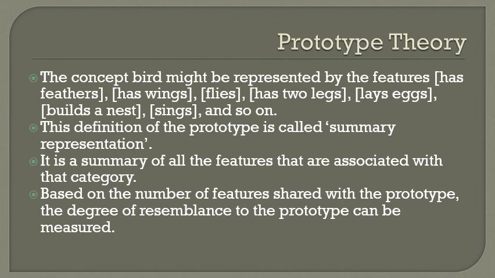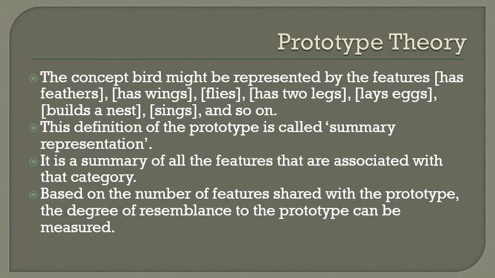Based on the number of features shared with the prototype, the degree of resemblance to the prototype can be measured. So whenever we come across a new bird, we compare it to this summary representation. We try to understand how many of these features this new bird has. Does it satisfy 3 or 4 or 5 or 6?